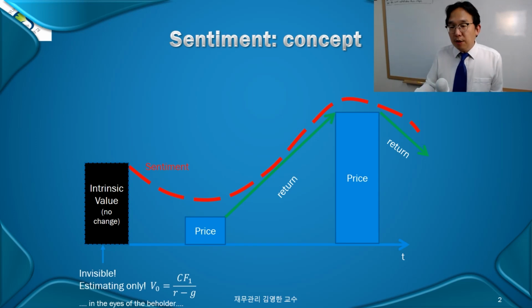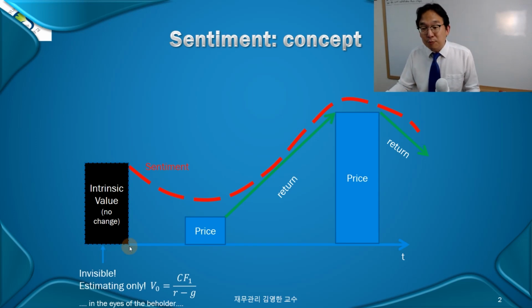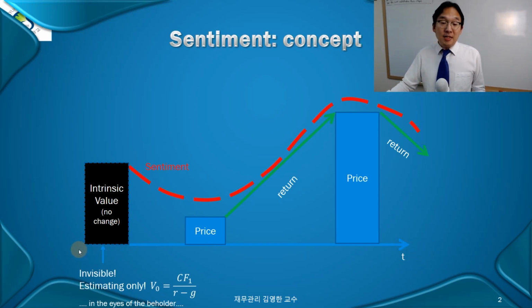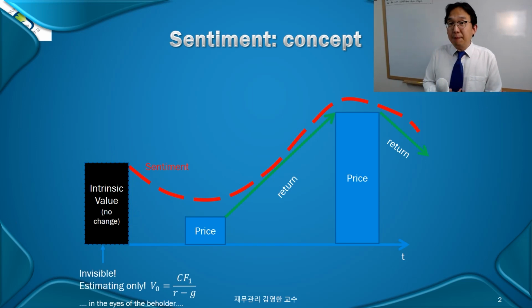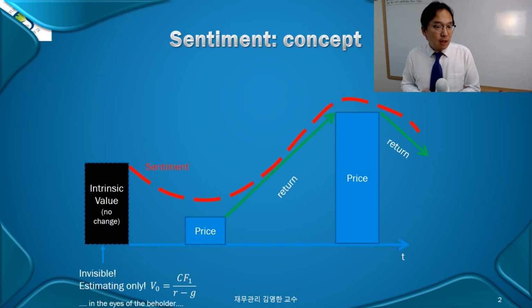So, sentiment. Here is a diagram for conceptual understanding. Here's the timeline on your horizontal axis T. Let's say just 1 year or so, maybe a couple of years. And let's say there's a hypothetical company like DI Corp, the Psy daddy's stock, in that example, Gangnam Style, 2012. That company did not have material news at all.